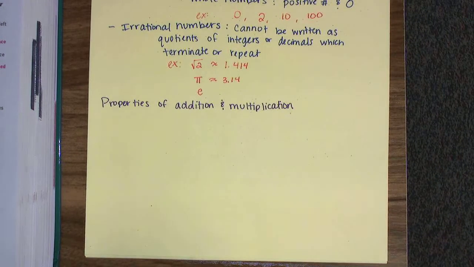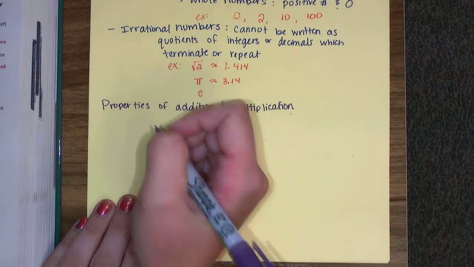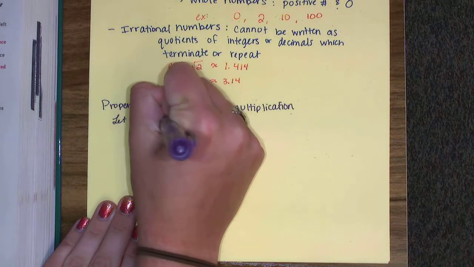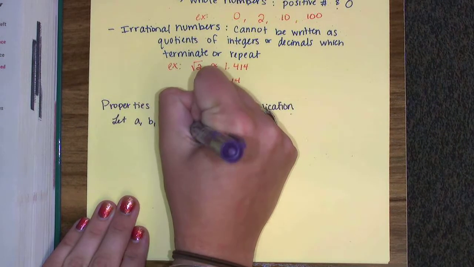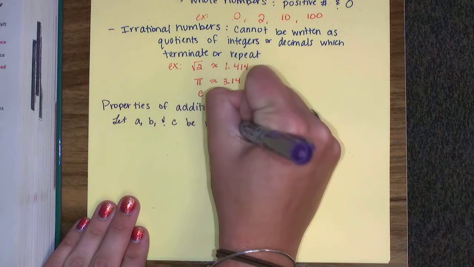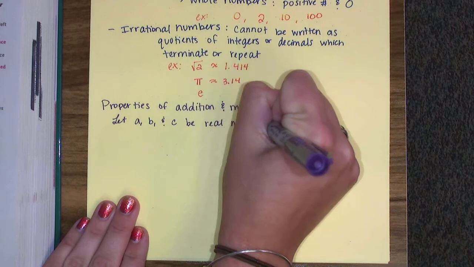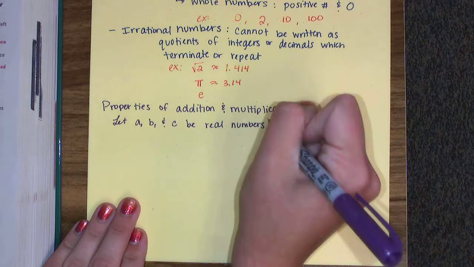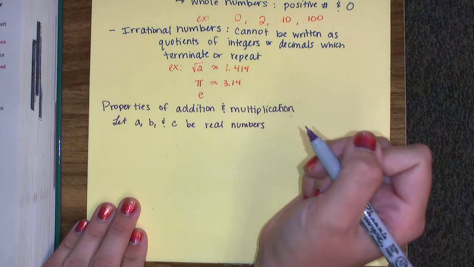For this, we are going to say let A, B, and C be real numbers. So they are either rational or irrational. For the most part, we'll be dealing with rational, but they could be irrational.